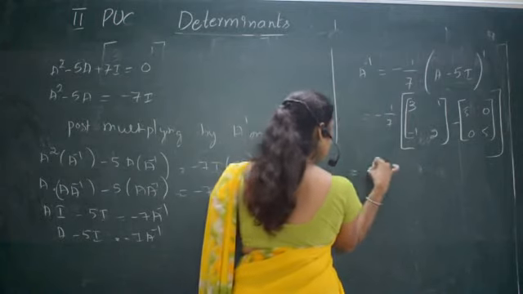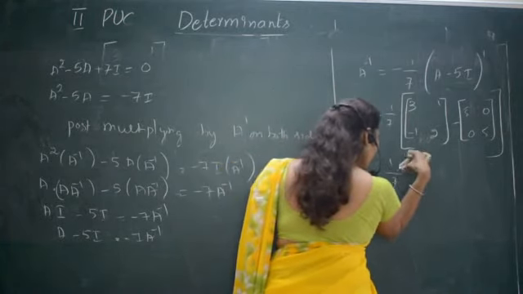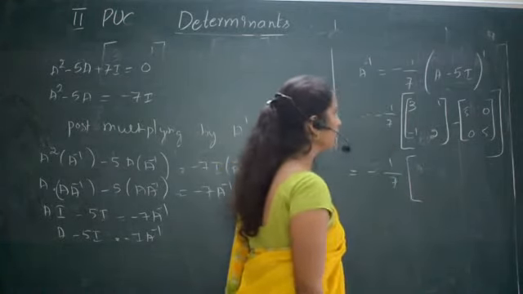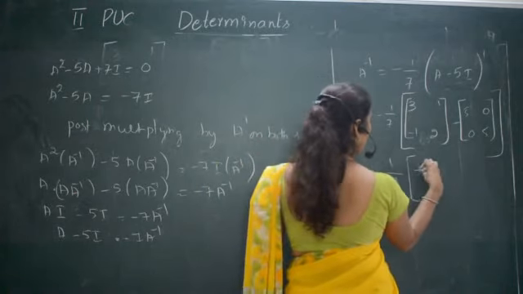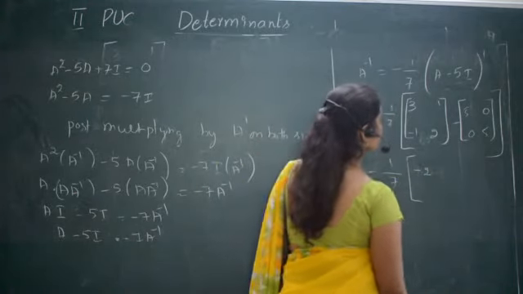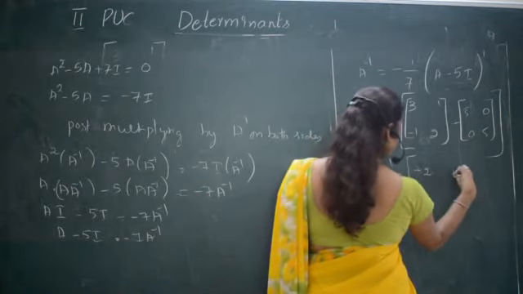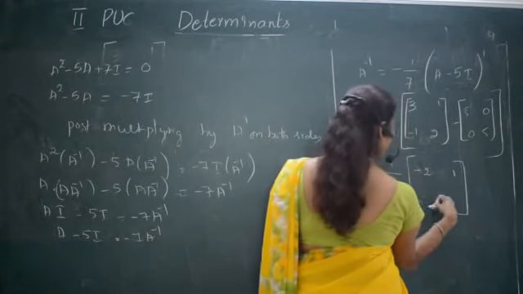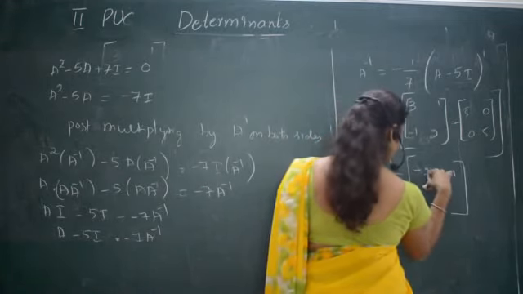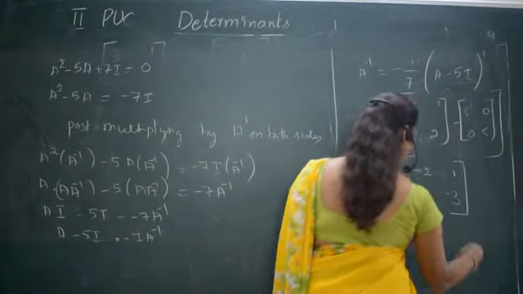So this will be minus 1 by 7 into the subtraction: 3 minus 5 is minus 2, 1, minus 1, and 2 minus 5 is minus 3.